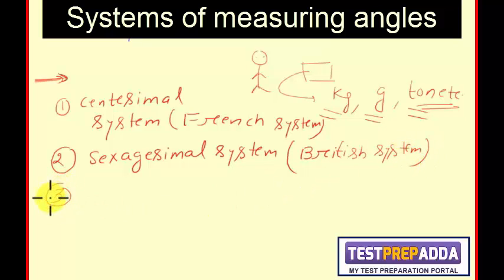The third system is circular system for measuring angles. Nowadays, mainly we use this circular system for measuring angles. But I'll start discussion with the centesimal system for measuring angles.